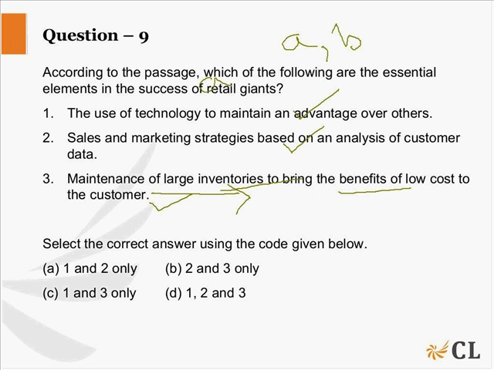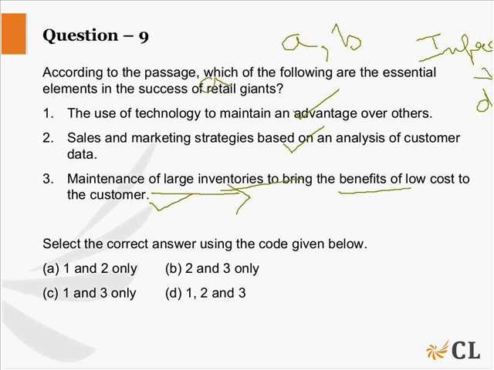Abhinav, I did not get your question. You are saying sometimes we are inferring. What are we inferring? When I talk about an inference, I am talking about something which is derived from the passage, not something which we bring from outside the passage. We cannot bring in anything from outside the passage. Please remember that.